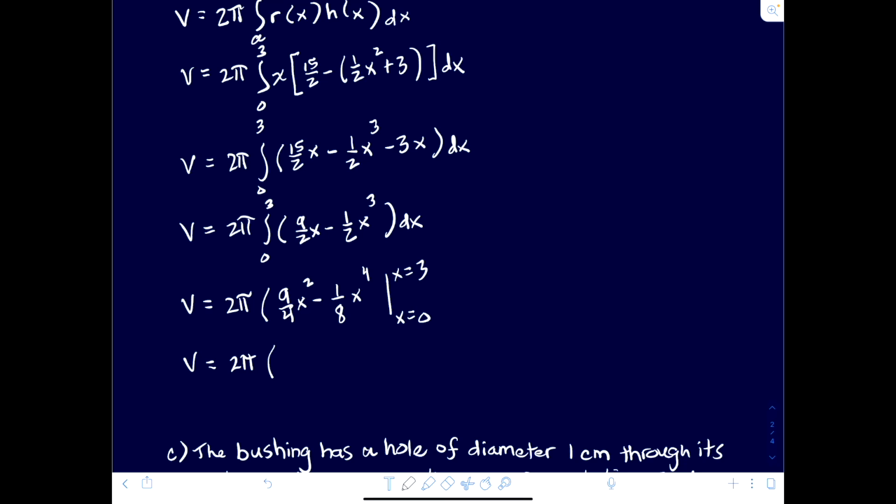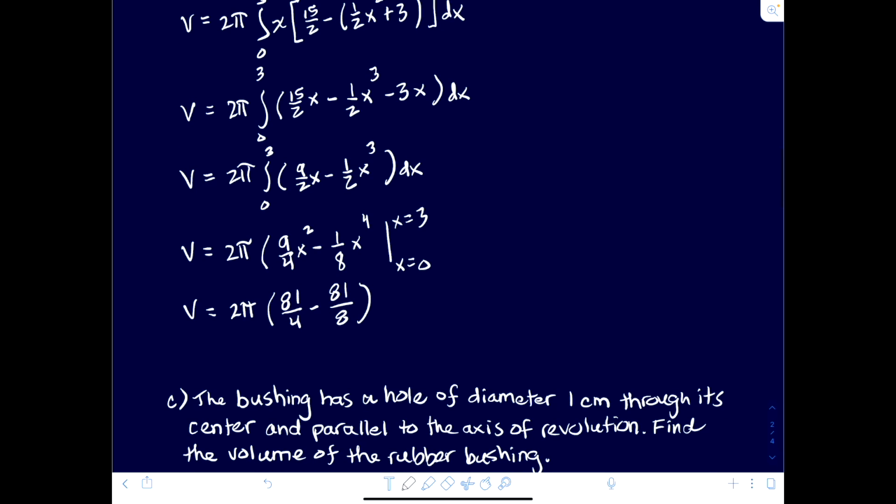So plugging in 3, 3 squared is 9, 9 times 9 is 81. So we'd have 81 quarters minus 3 to the 4th, which would be 81, so 81/8. And then we'll get a common denominator.